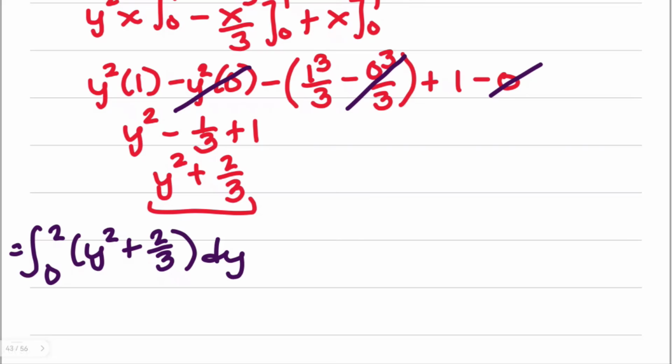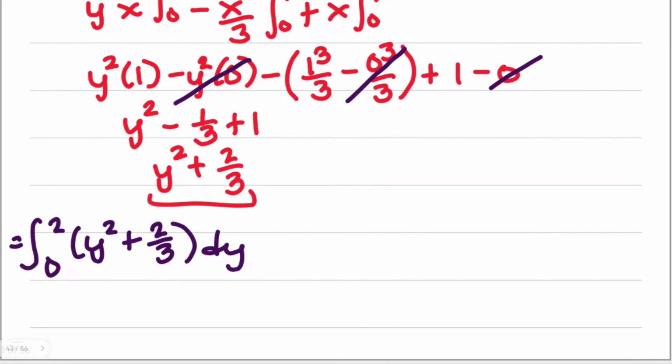You can see that your first process is correct once you notice that this function no longer contains x. It contains either y or just a constant, like this one. So by the linearity property, you will still have the integral from 0 to 2 of y squared dy, because that's with respect to y now.